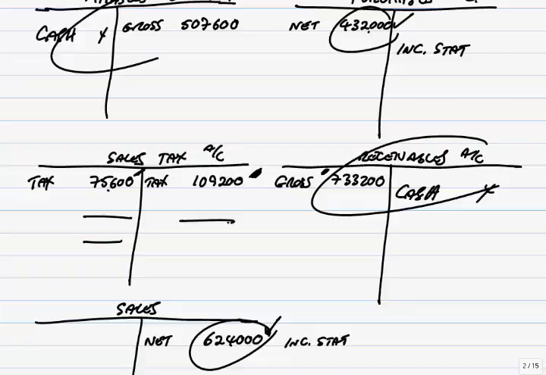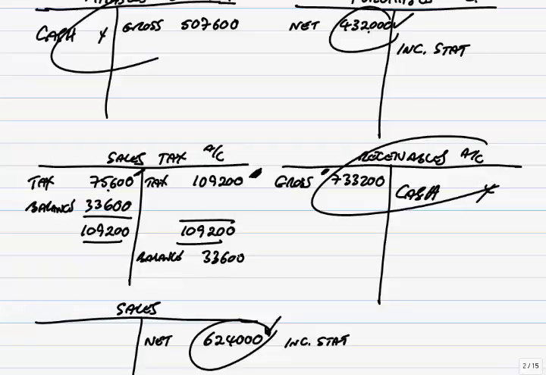The balance on the account. We've charged 109,200, we've suffered 75,600. There's a balance of, you'd better check my arithmetic, but I think 33,600. And that's the final amount owing to the state.